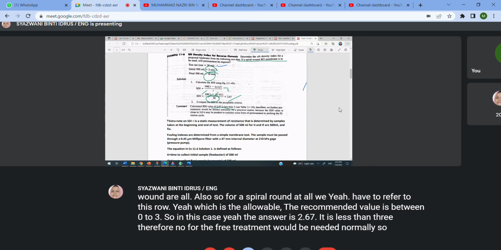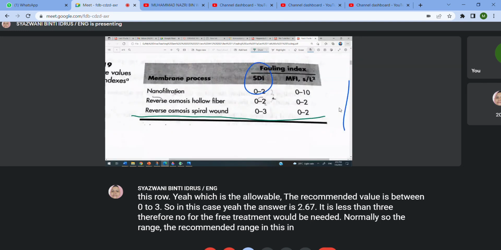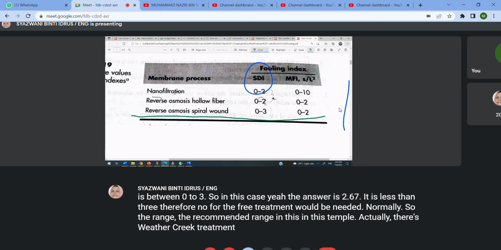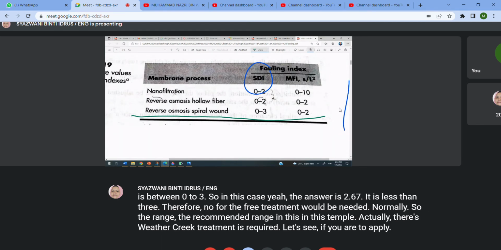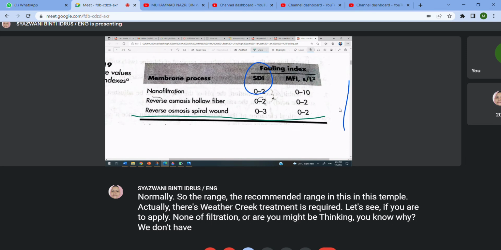So the recommended range in this table tells us whether pre-treatment is required. Let's say we are to apply nanofiltration or RO, RO hollow fiber or RO spiral wound, you might be thinking, why don't we have any SDI value for ultrafiltration and microfiltration?